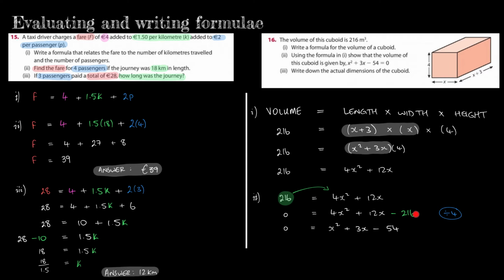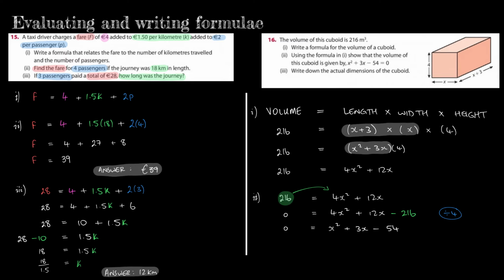And you can see there that everything there is divisible by 4. I wanted to get 1x squared, so I had to divide it by 4. So if I divide everything by 4, I'll end up with x squared plus 3x minus 54. X squared plus 3x minus 54 is equal to 0. So that is that. So that's question 16, part 2 done.